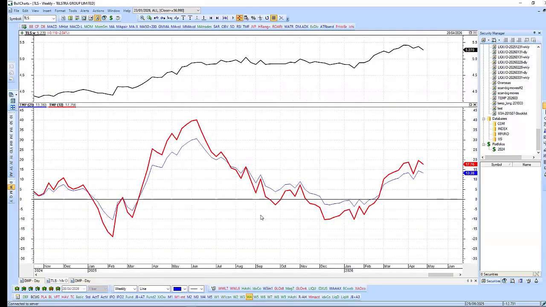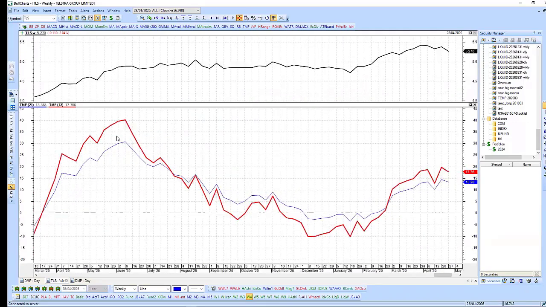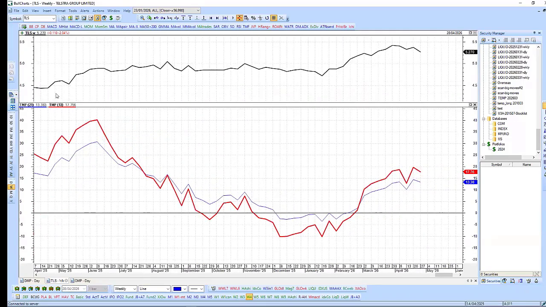W4 uses Twiggs Money Flow, and as it says here on the left, I've got 21 period in blue and 13 period in red. And when I started using Twiggs Money Flow a number of years ago, I was never sure which one I should use. So I emailed Colin Twiggs, who's in Queensland, and asked him, and his reply was simple.